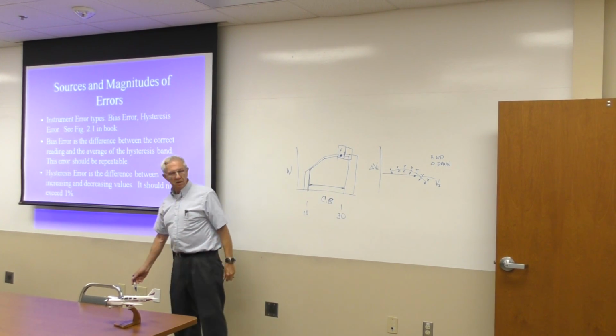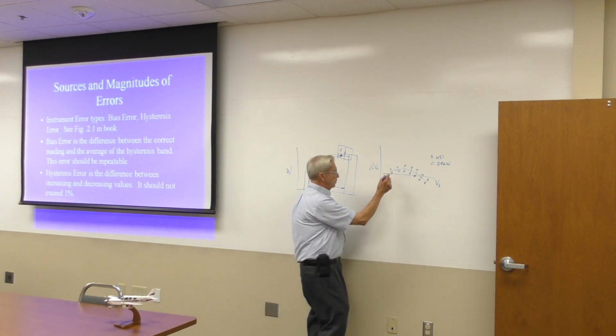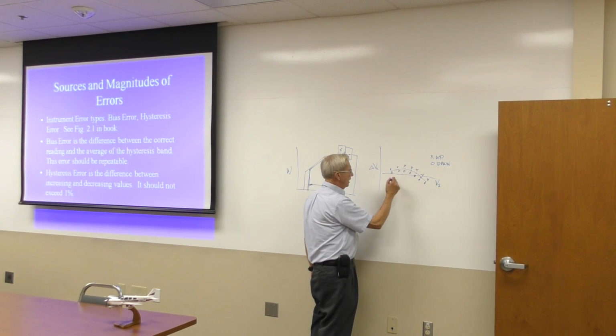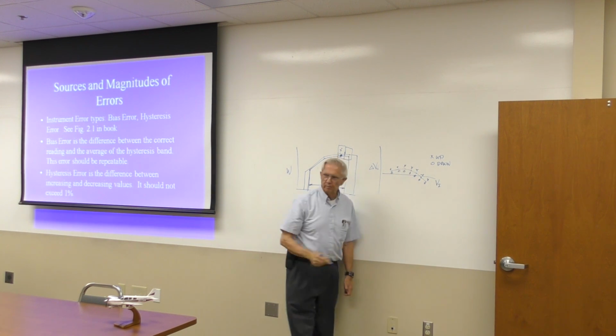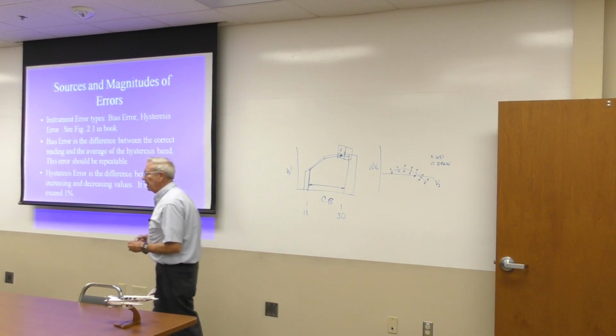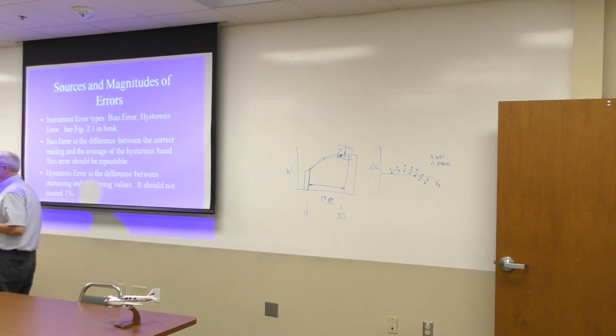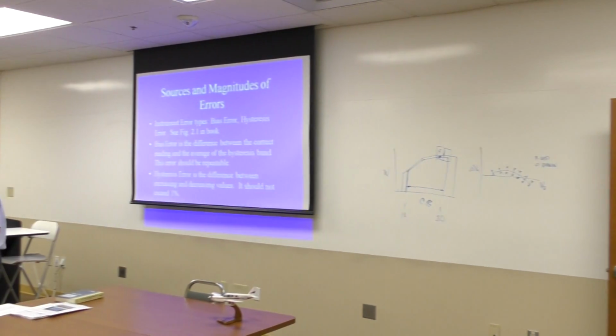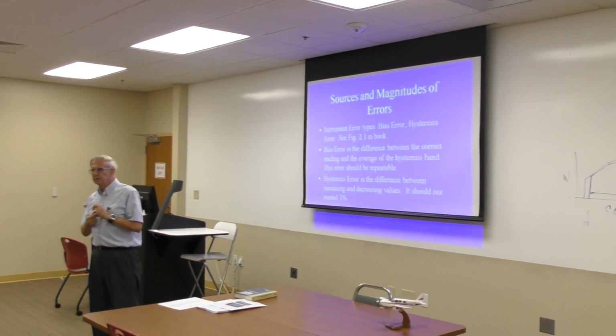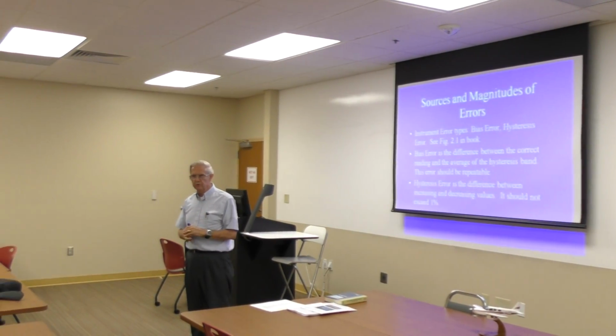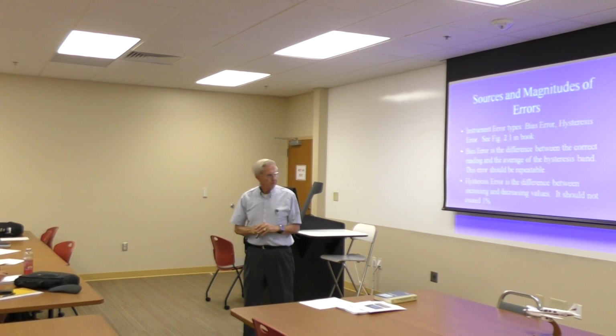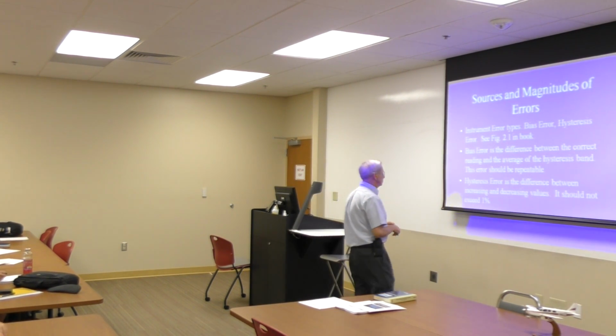So for stabilized points, we'd use this line, but if we were increasing or decreasing, we'd use the upper or the bottom. Decelerating, we'd use the bottom part of the hysteresis, and accelerating, we'd use the top part. And stable points, we'd use the middle, okay?